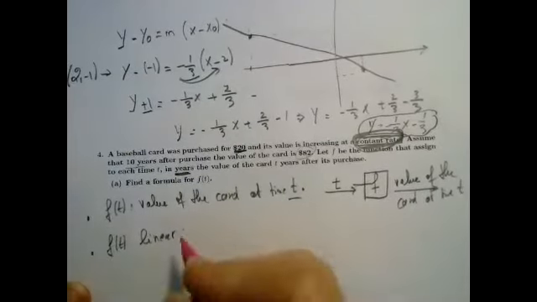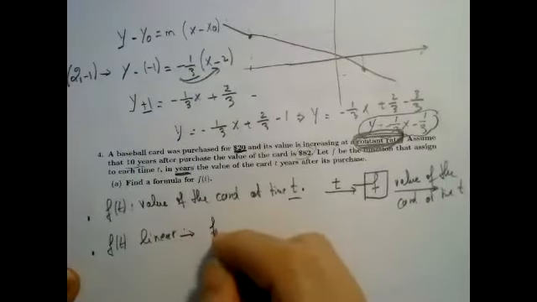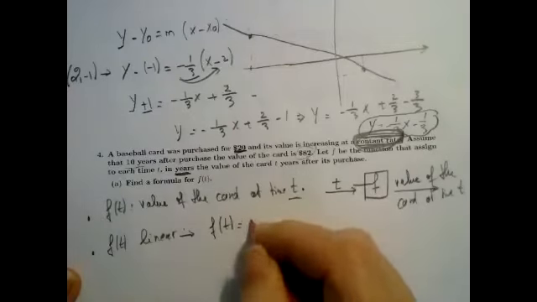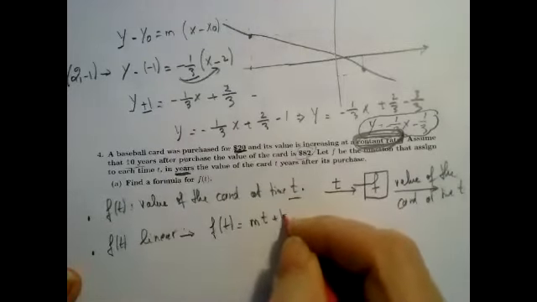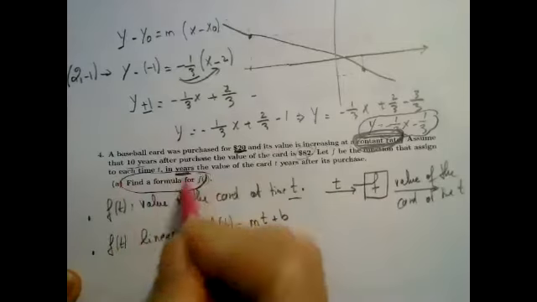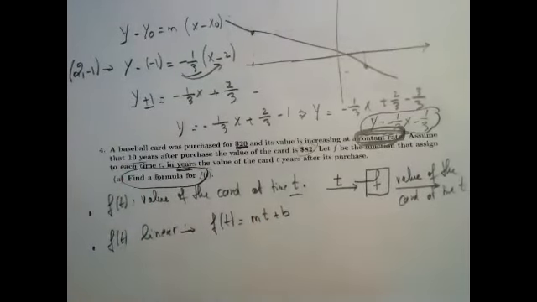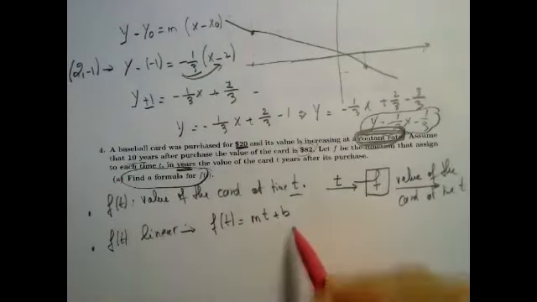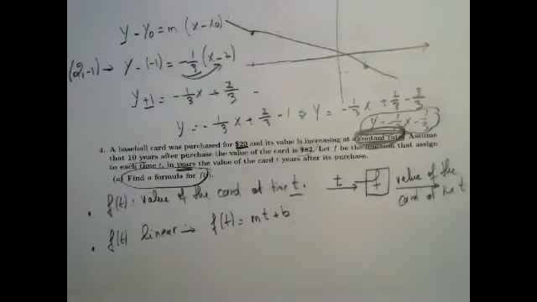When you graph it, you get a line, and the formula for it is mt plus b. The question is to find a formula for f of t. It means you can find the rule: if you know time, you know the value. That's what a formula means. You give it time, it gives you the value.